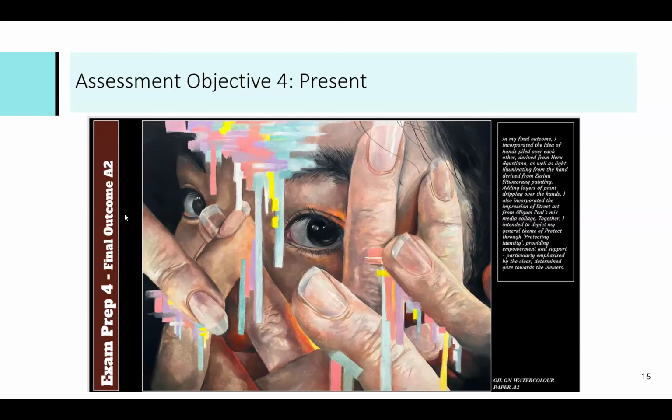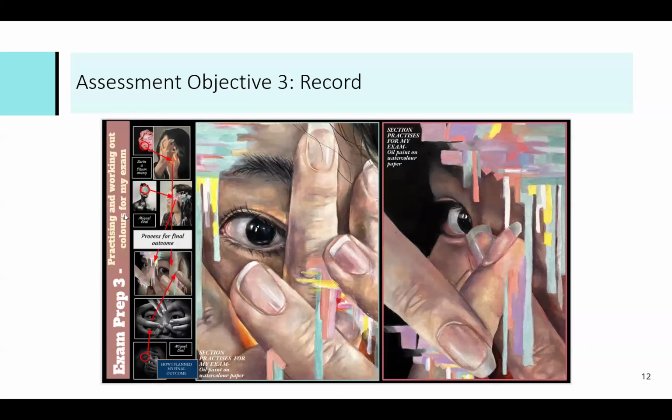No, if we go back to the other one, what they've done is they've sort of combined the two. It's not going to be completely different because they want to realize their intentions through all the planning and experimentation they've done. They could have actually just used one of these options for the final outcome, but they've cleverly combined not only the vignetting, but the composition with the fingers that they experimented with in the photography.